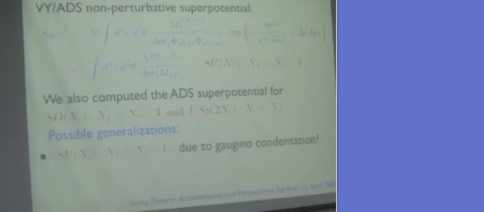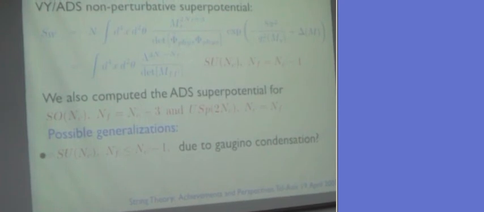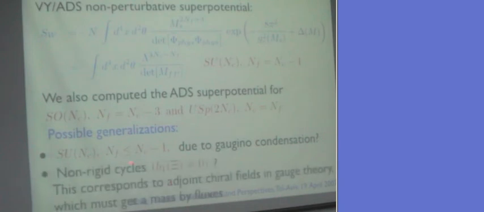Can we also enter the region where N_F is smaller than N_C minus 1, which would correspond to gaugino condensation? Here one would have to compute the so-called fractional instanton amplitude, and we are thinking about how perhaps it can be done. Or what about the problem of non-rigid cycles, which is also very important for model building?